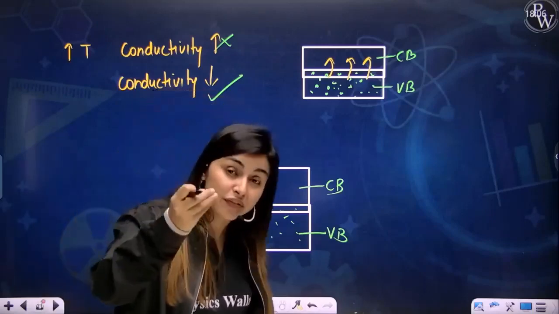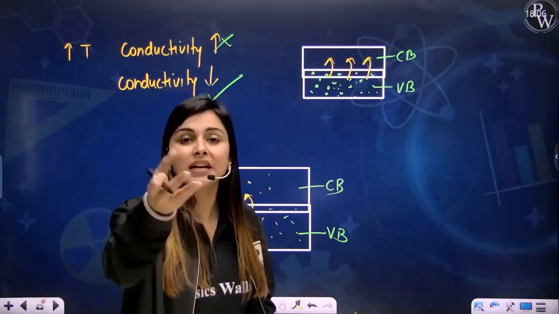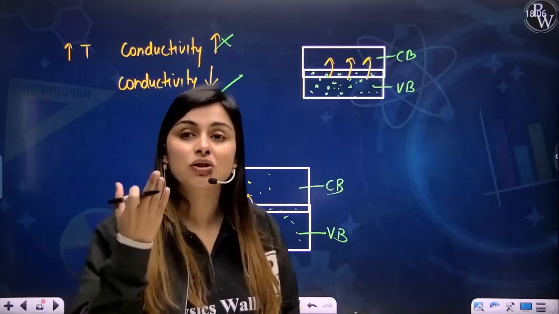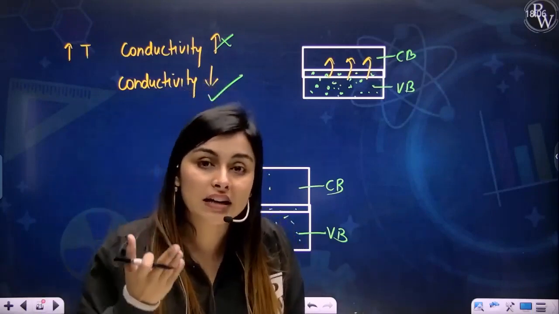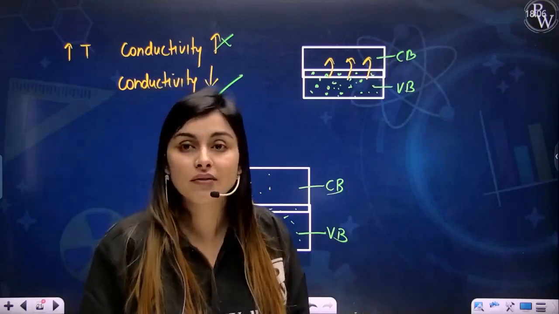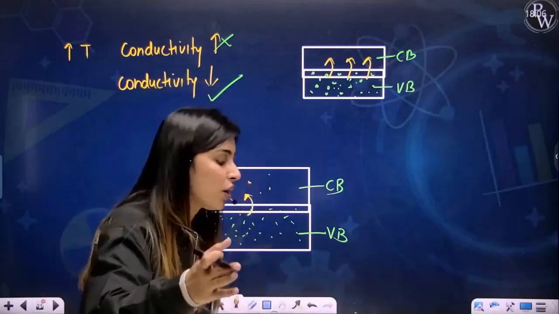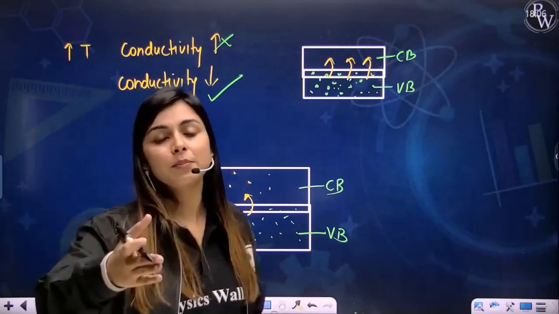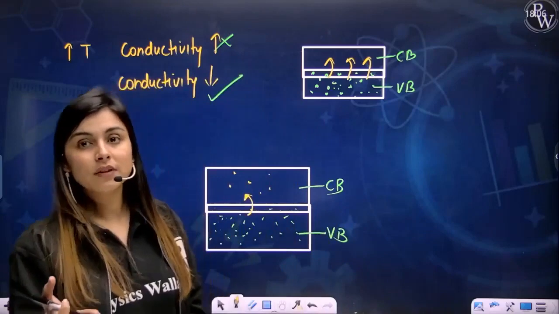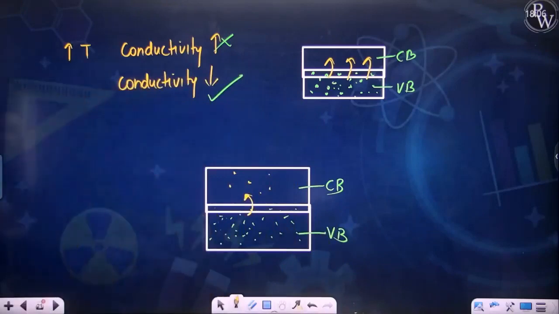Because you need free space for conduction, but you don't have empty space in the conduction band now. And eventually your conductivity decreases. So in the case of conductors, when you increase the temperature, the conductivity actually decreases. I hope you're clear with this point. Please write it down and then we'll move forward.